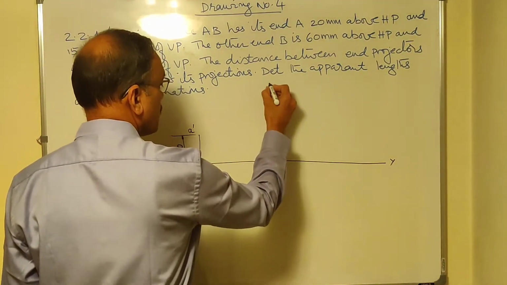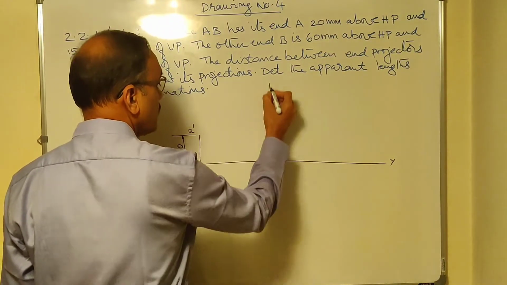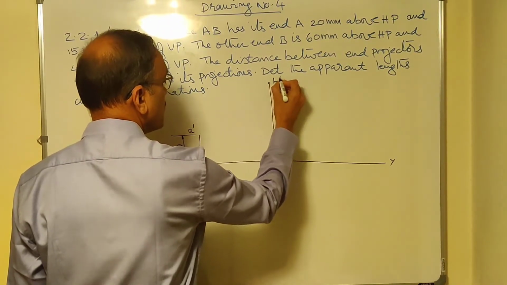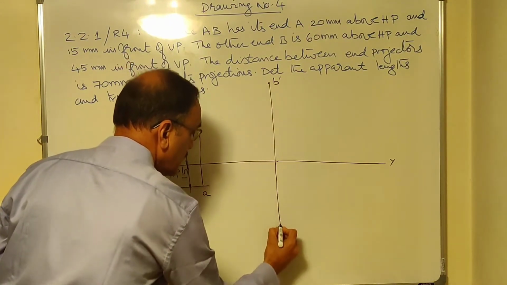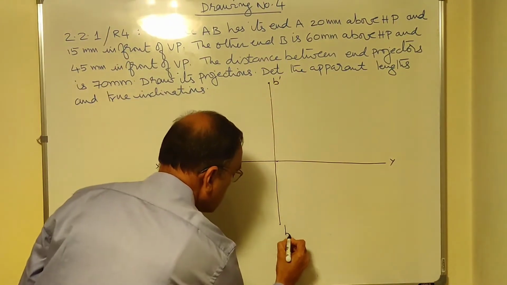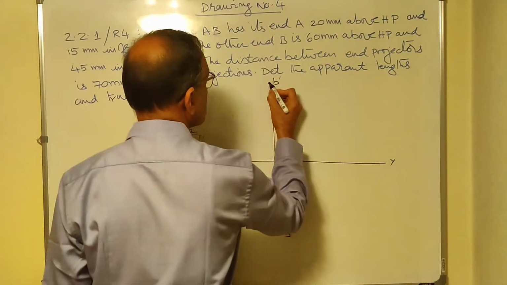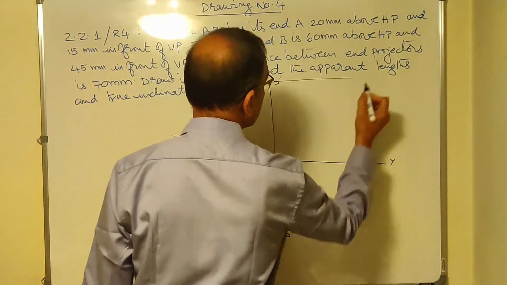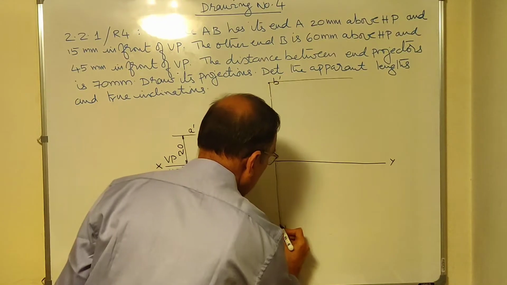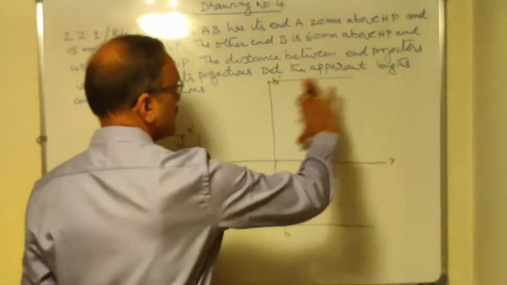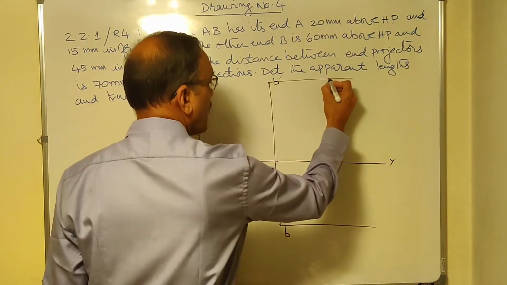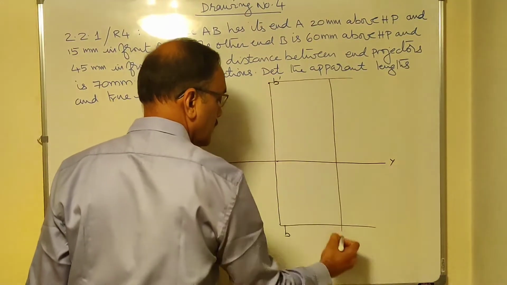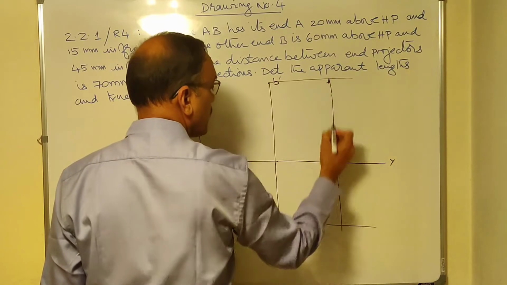So I am drawing a line here equal to 60 mm. This is front view of B, 60 mm above HP, 45 mm in front of VP. This is B. Let me mark the distances. But while marking the distances, I mark them a little away by extending the lines. These two are extension lines. You will know why I have drawn them far away once I complete the problem.